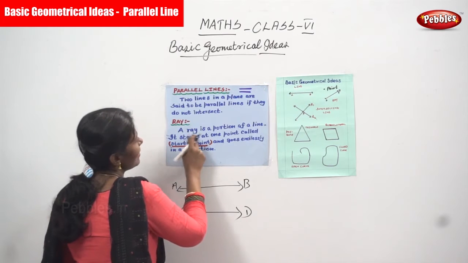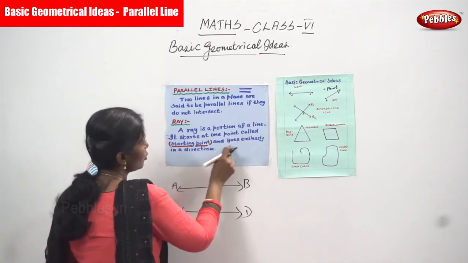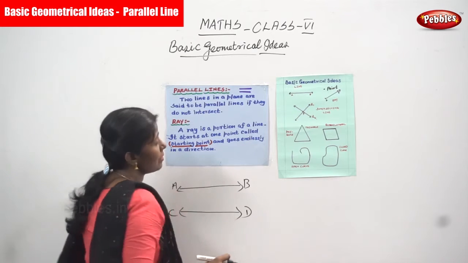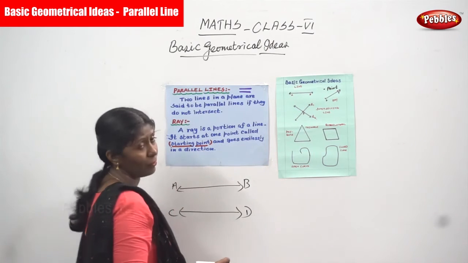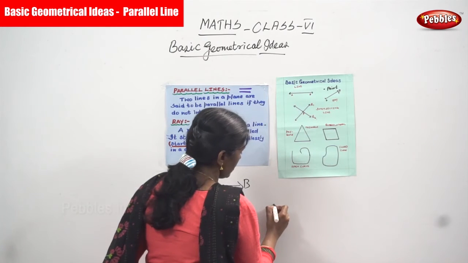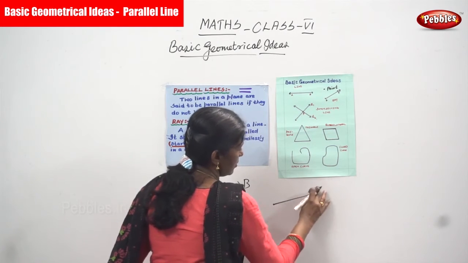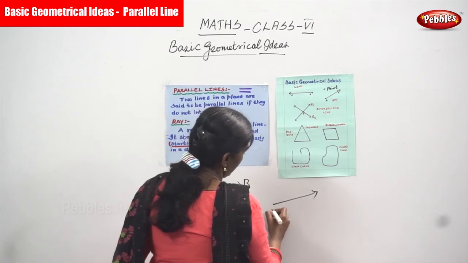Next is ray. A ray is a portion of a line. It starts at one point called the starting point and goes endlessly in a direction. A ray I have drawn already. This is called a ray.